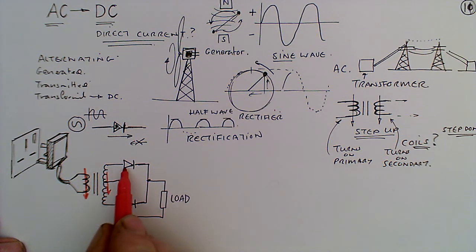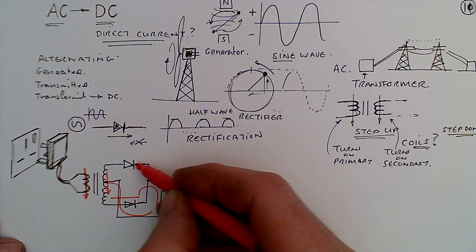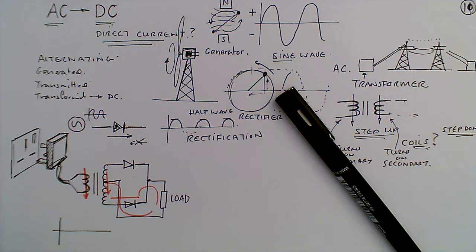So it can't go through there, it's going that way, so it's going to go through there, and it's going to go round back into the circuit, because it can't go that way. So that's dealt with one half of the wave. So if we look at that, there's one half like that, and then the other half goes there like that.